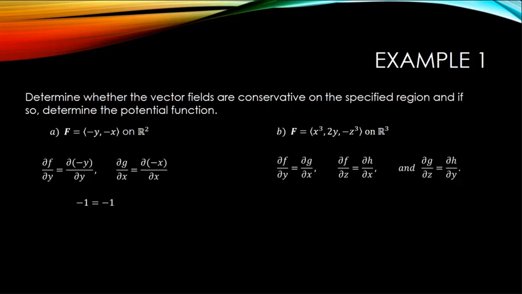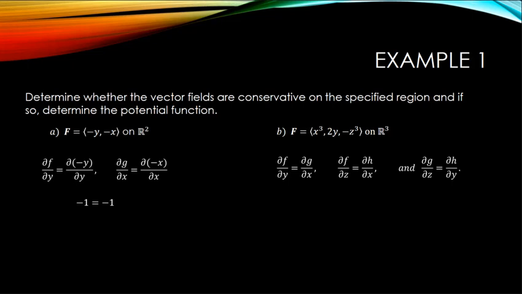In my second case, I'm looking at a vector field in R3. This is a little bit more complicated. I'm looking to find out if the partial of f with respect to y is equal to the partial of g with respect to x, if the partial of f with respect to z is equal to the partial of h with respect to x, and if the partial of g with respect to z is equal to the partial of h with respect to y.